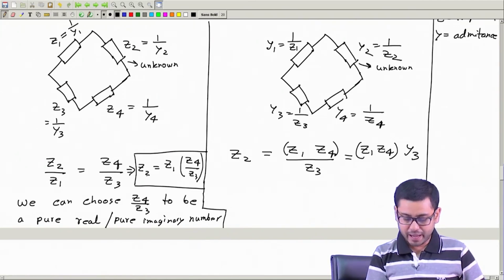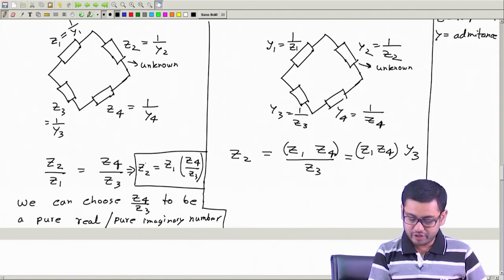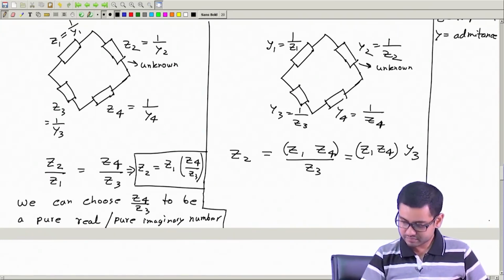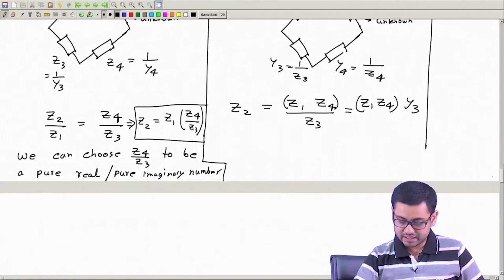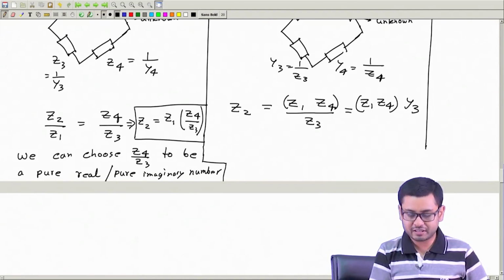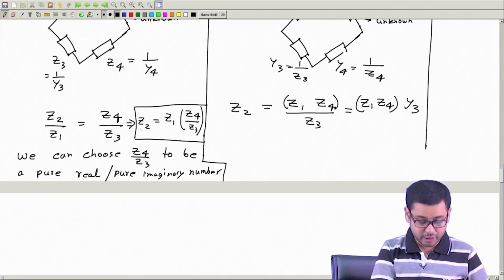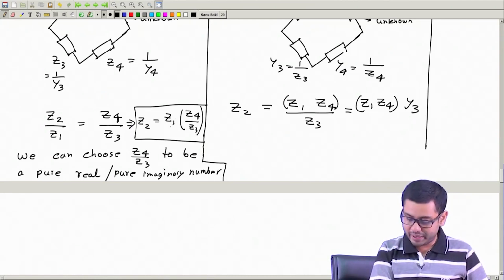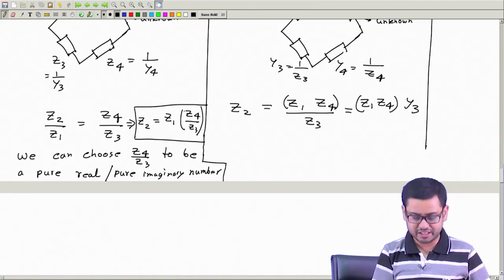And then the balance equation will have only Z2 complex, Z1 complex. Thus, we can equate the real part of Z2 with the real part of Z1 multiplied by this factor, and similarly the imaginary part of Z2 to the imaginary part of Z1 multiplied by this factor.